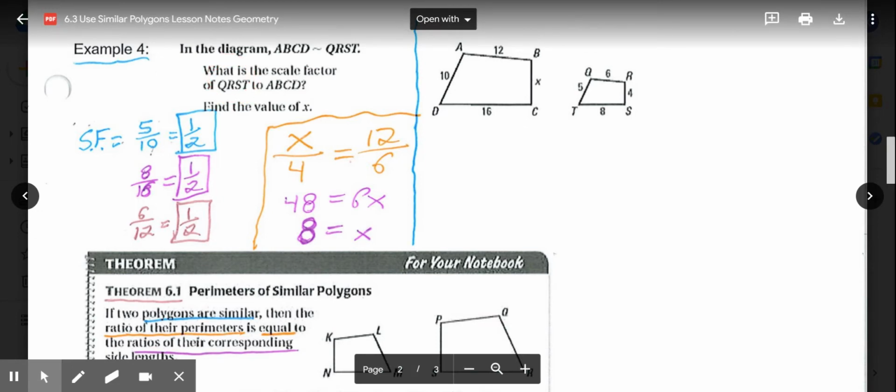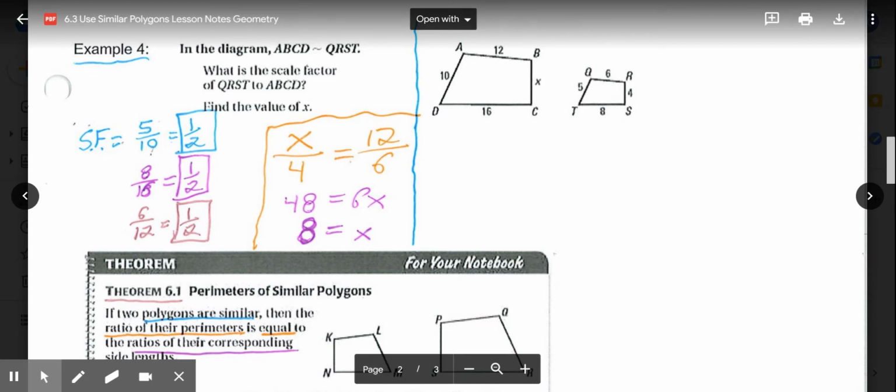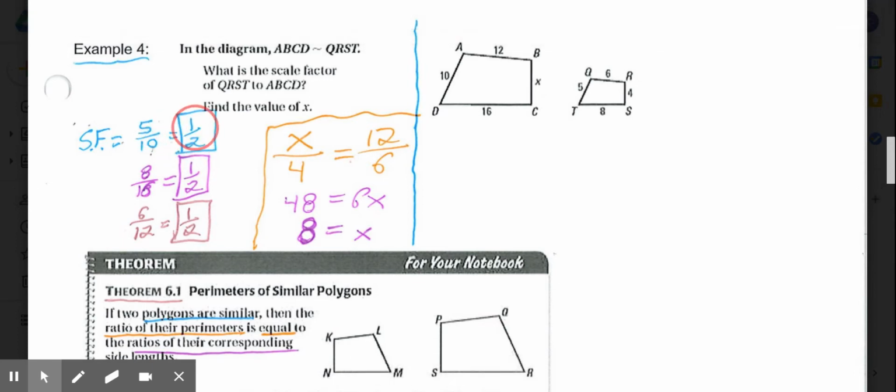To figure out our scale factor, they already told us they were similar, so we could take any set of corresponding sides. I could use the 5 here, QT, over the 10 here. I could do the 8 over 16. I could do the 6 over 12. Any of those 3 sides give me the scale factor when simplified of 1/2. So our scale factor is 1/2 or 1 to 2.